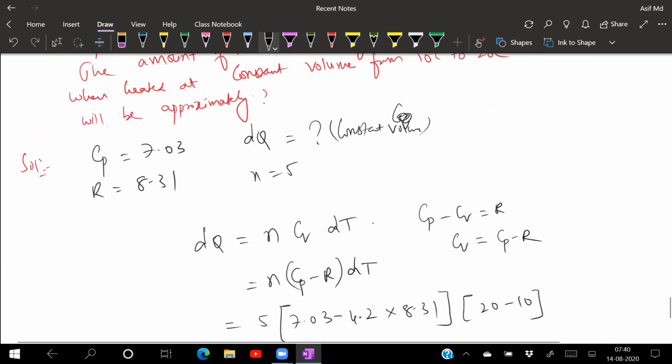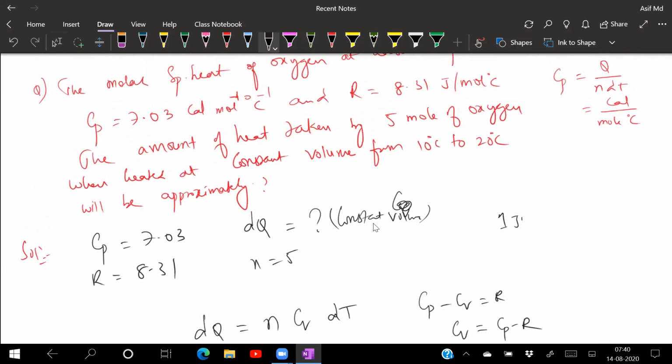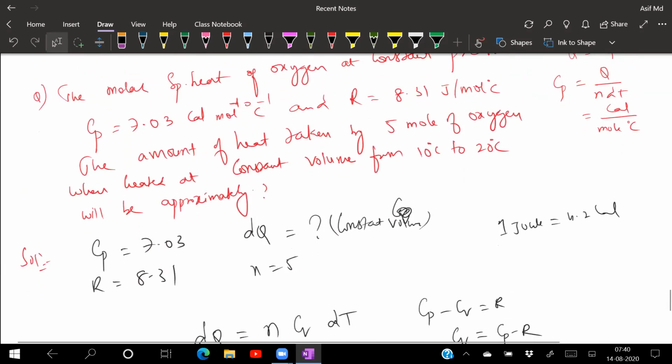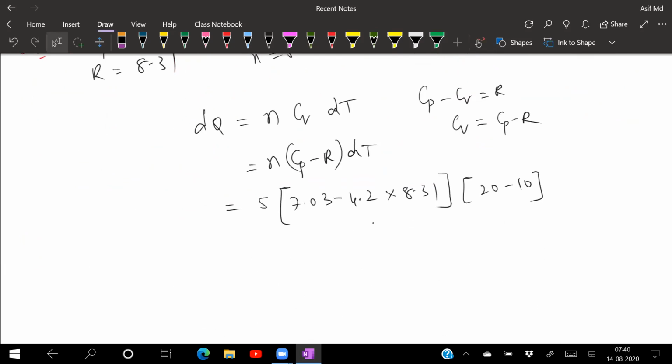Because 1 calorie is equal to how much? 1 joule is equal to 4.2 calories, right? So that is the reason the R value is given in terms of 8.31 joules.